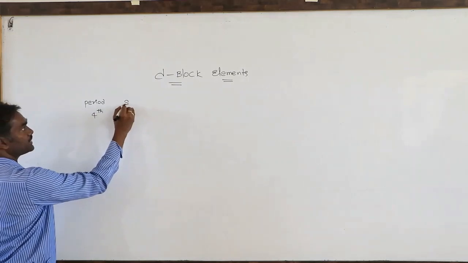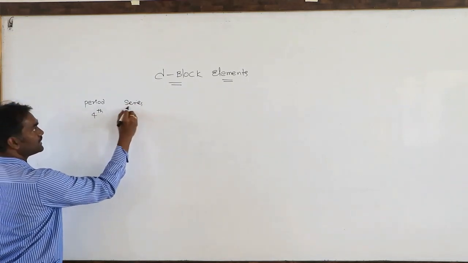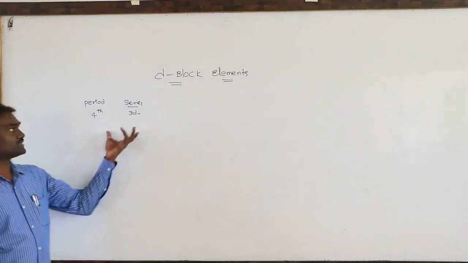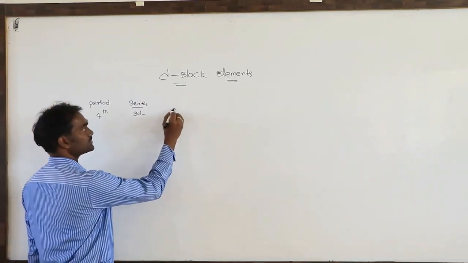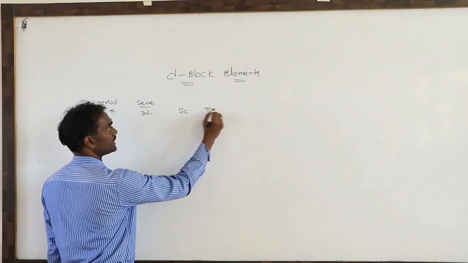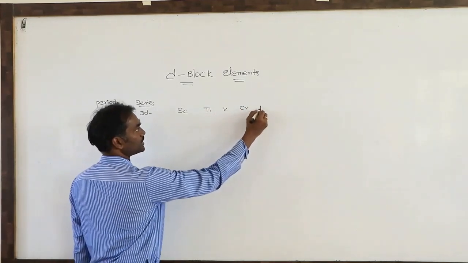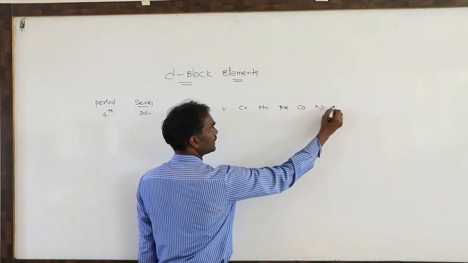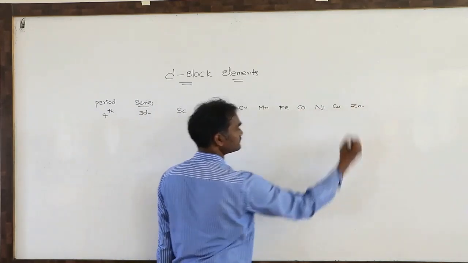The fourth period is called the 3D series. What are the elements? Scandium, titanium, vanadium, chromium, manganese, iron, cobalt, nickel, copper, zinc.